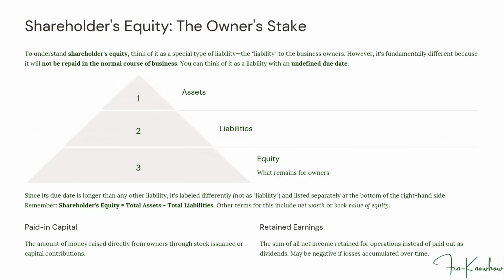You see a line at the bottom that says retained earnings may be negative if losses accumulate over time. That doesn't mean that the equity is negative. It just means that if the company has losses, there's nothing to pay out. All of the losses will show up under equity capital. And if you reach a point where these losses are big enough, you may need additional equity capital to continue to operate the business. Otherwise, the company may become insolvent. Okay.